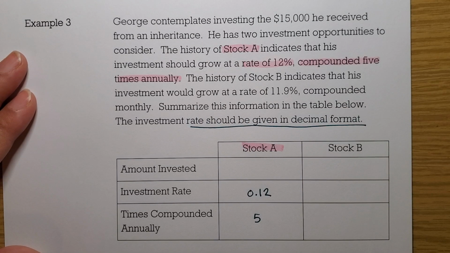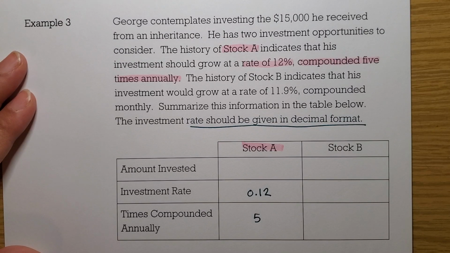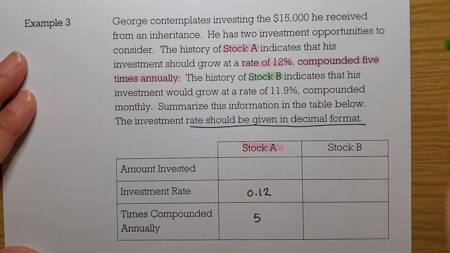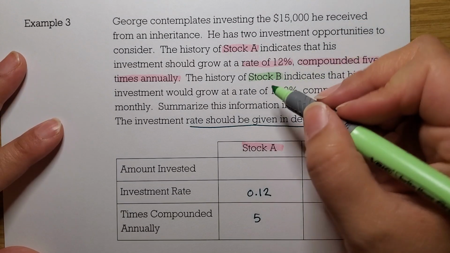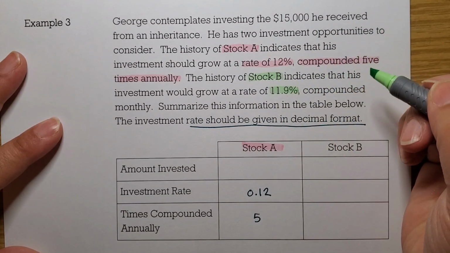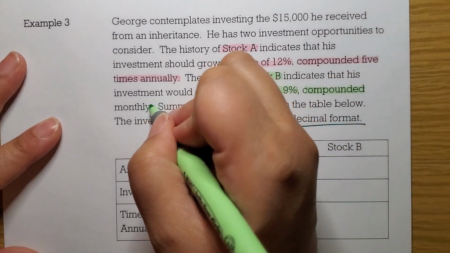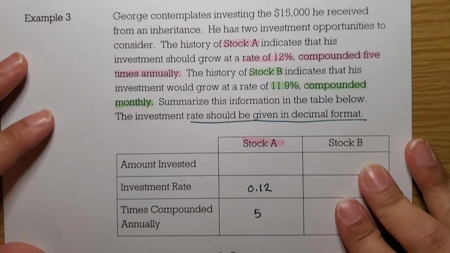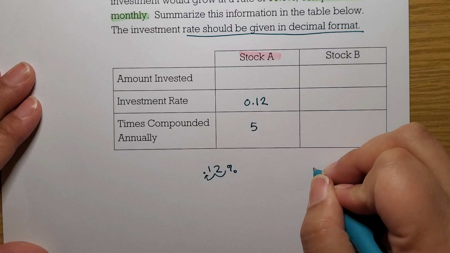All right, let's do the same thing for stock B. So the history of stock B indicates that the investment would grow at a rate of 11.9%, and it's compounded monthly. Okay. So we have 11.9%.